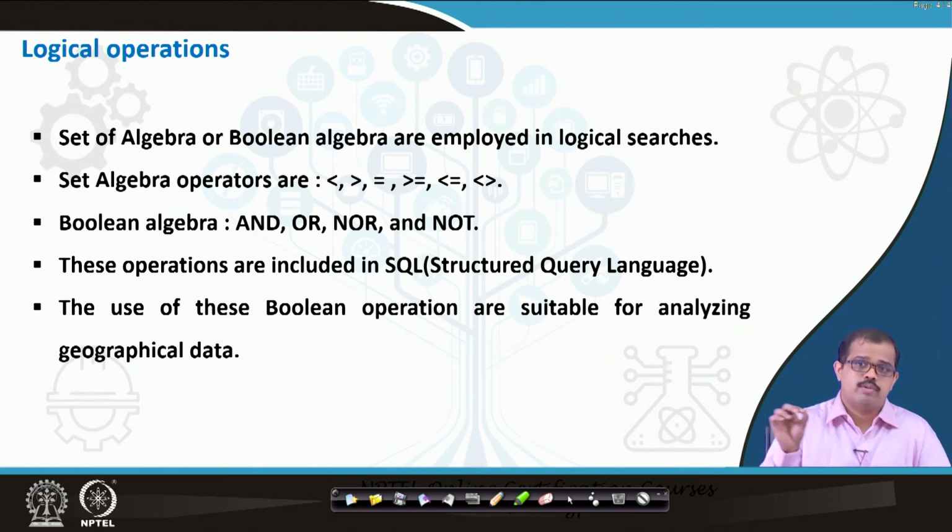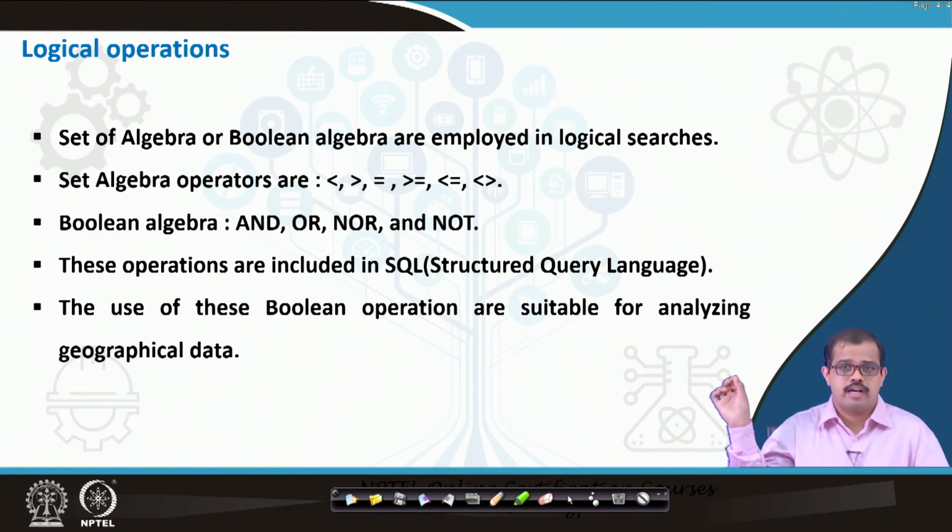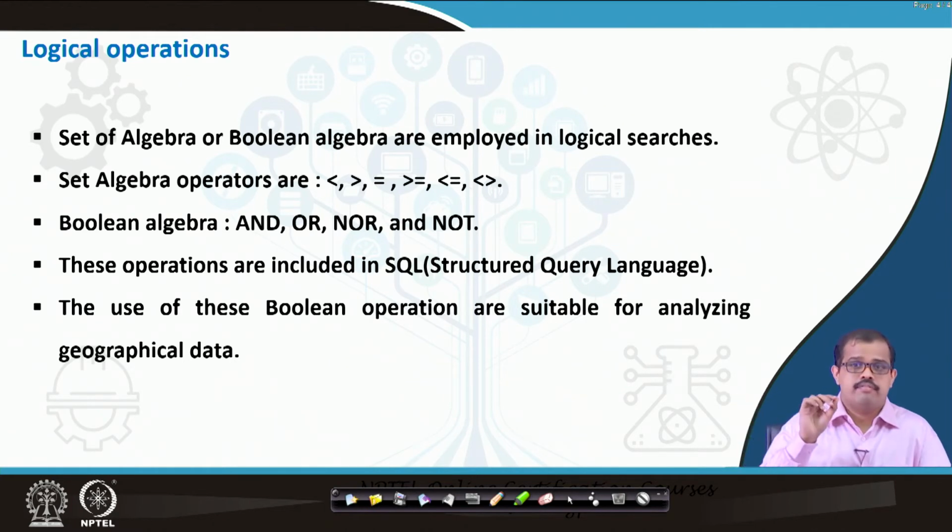If the state is equal to West Bengal or the state is equal to Kerala, and if the population is greater than 5,000 and less than 10,000, between 5,000 and 10,000 you want to query, or the population is greater than or equal to 10,000, give me the outputs of these districts. That is what logical operations mean here.